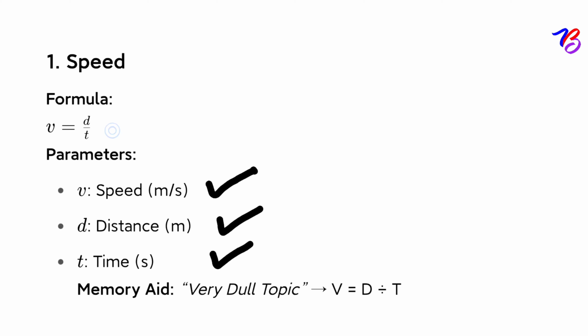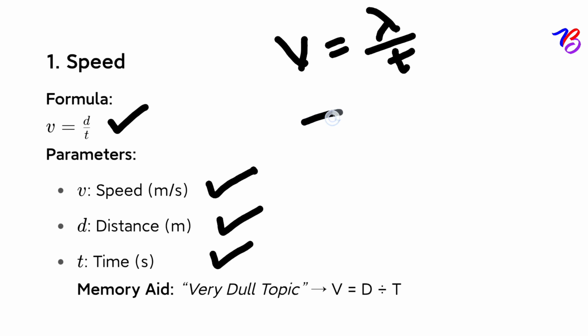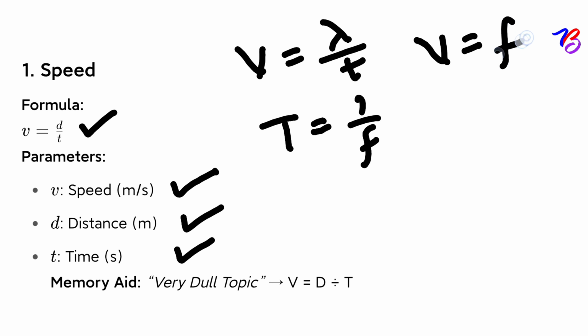And also recall that this formula is the beginning, the genesis to all other formulas. For example, we know that V is equal to what? Lambda over T. Okay, and also know that T is equal to 1 over F. So I can say that V is equal to F lambda. Are we together? And other formulas in this format that you can relate to this particular formula.